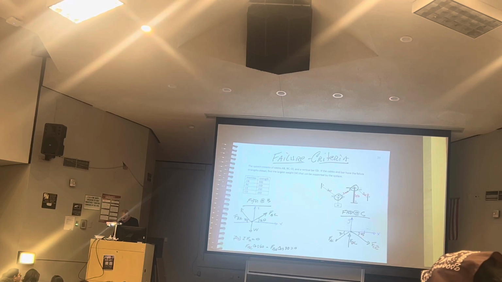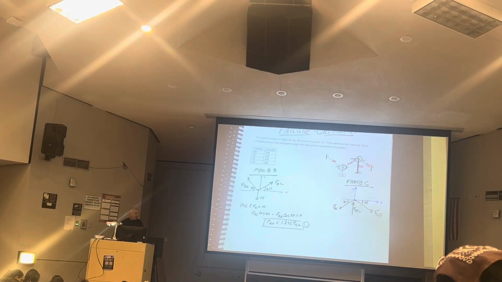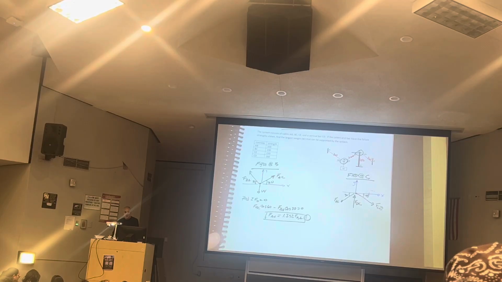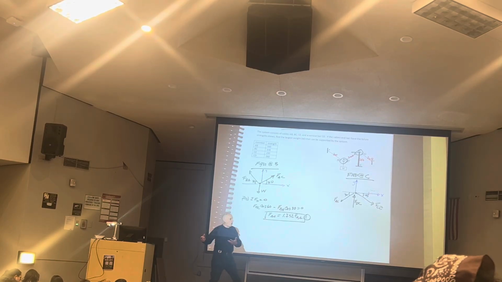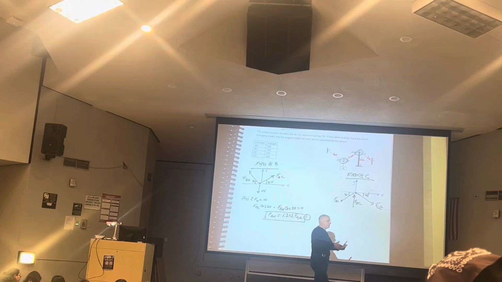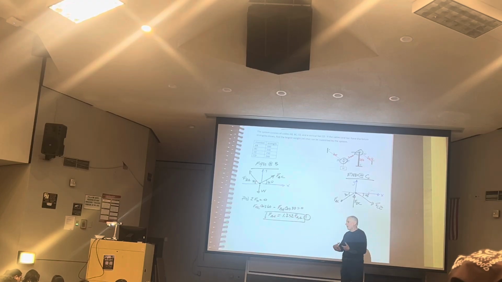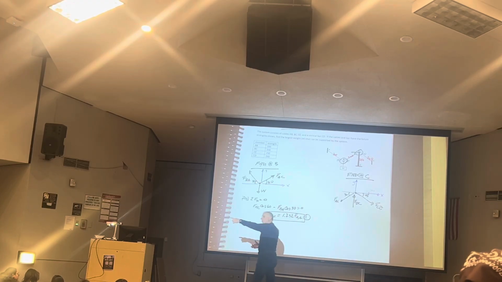FBC is equal to 1.732 FBA. That is equation 1. Great. What's the goal in a failure criteria problem? The goal is to get all forces in terms of the weight, because I want to find the largest weight I can carry.